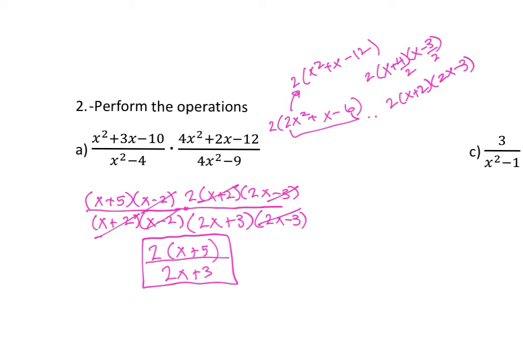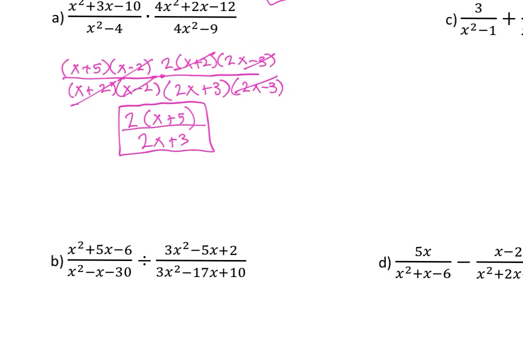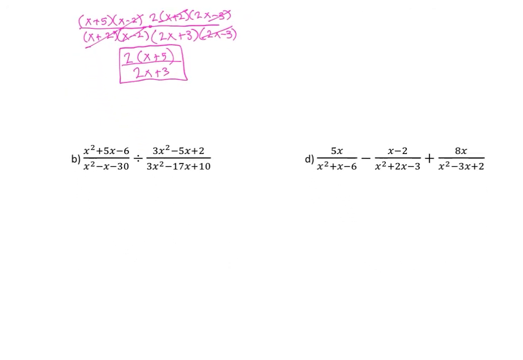Now let's take a look at a division one. That would be B. All right, so same idea. We're going to go ahead and factor everything that can be factored. So we have here x plus 6, x minus 1. Then here it's x minus 6, x plus 5.